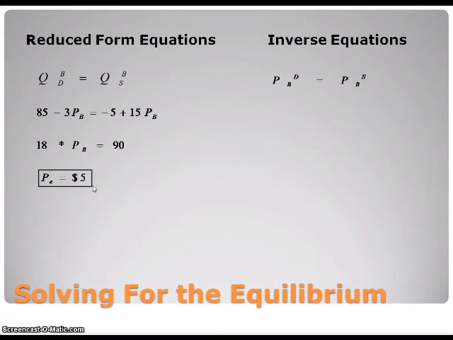If we now turn our attention to using the inverse equations, it simply states that the price of beef that demanders pay will equal the price of beef suppliers receive. If we set the two inverse equations equal to each other, we arrive at the following expression. Again, collecting like terms, moving the quantity to the left-hand side, we arrive at the following expression.